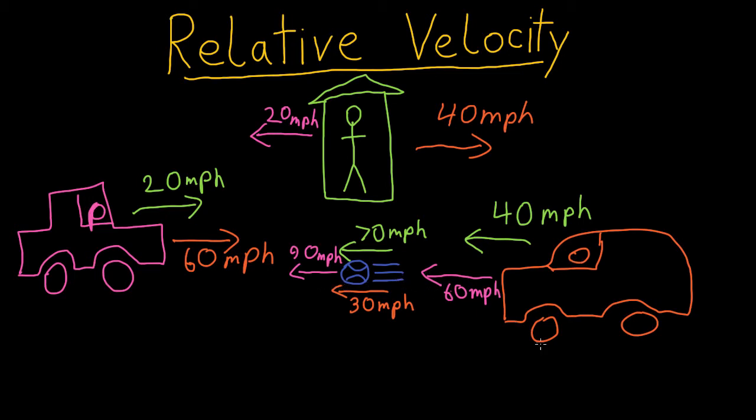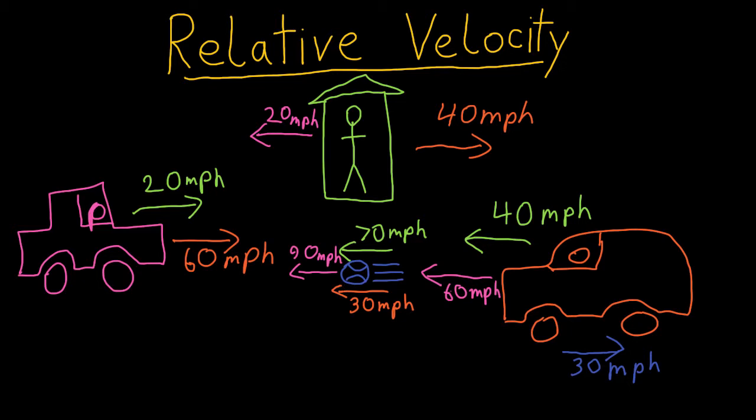So from the ball's perspective, you can imagine maybe a flea or an ant on the ball, your friend is going to be moving to the right at 30 miles per hour because it's going away from him. Think about it from even in a regular baseball game, when the pitcher throws the ball, if we had a camera on the ball, we'd see the pitcher get further away from the ball after it was thrown.